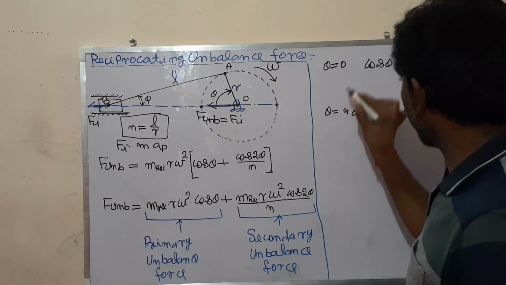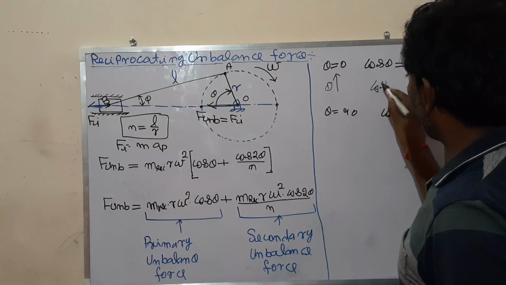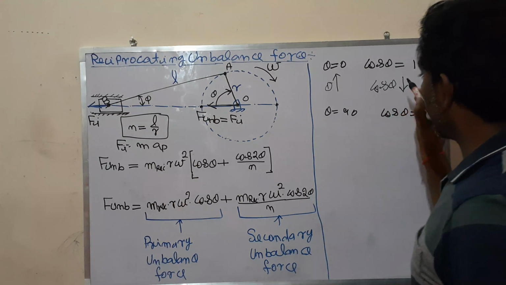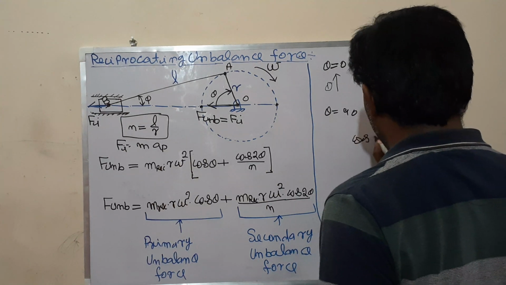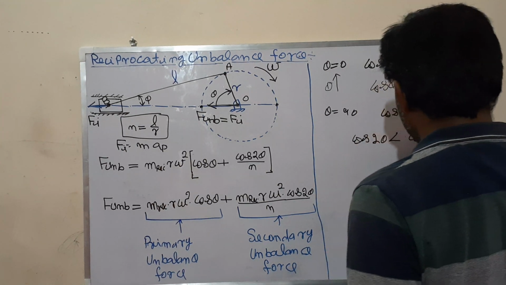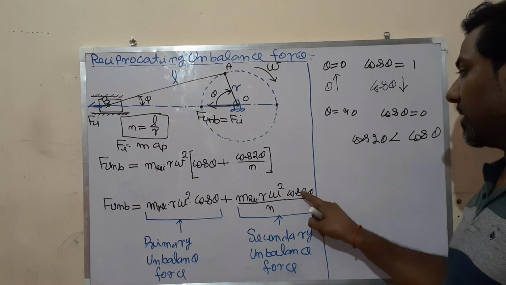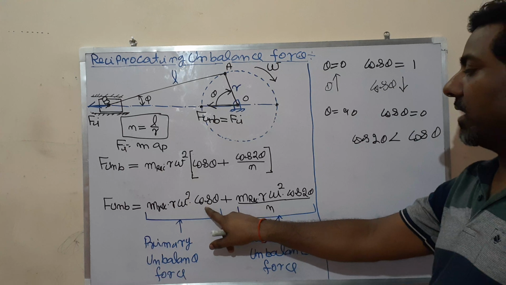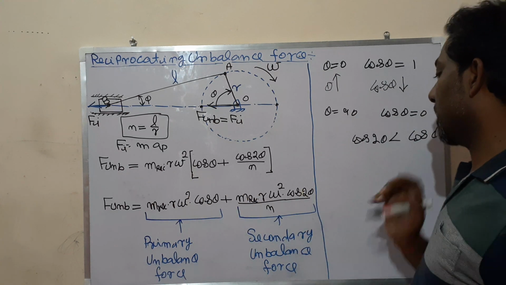So as the value of theta increases, the cos theta value decreases. That means cos 2 theta is less than cos theta.